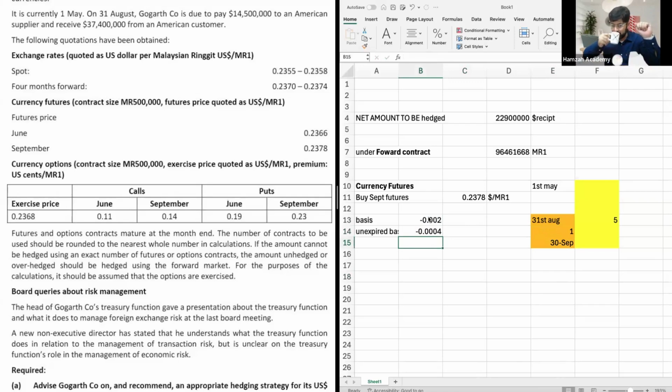Unexpired basis. To the lock-in rate. We know that, again, the formula. If you forget what to do, write down this formula to avoid any confusion. We need this spot, which is the lock-in rate. So basis plus future. So future rate plus unexpired basis. We need spot. Future will be added. This is the lock-in rate.